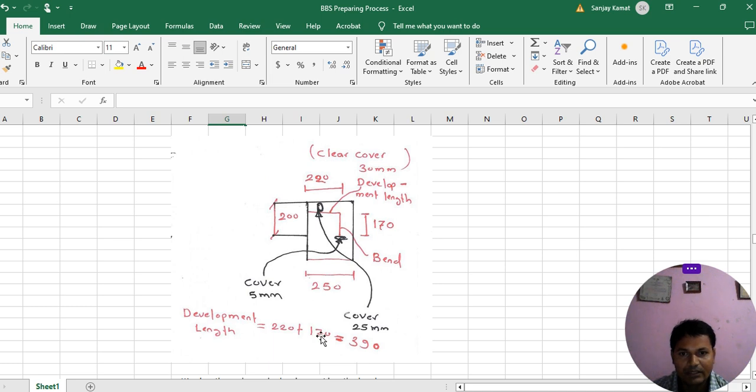After doing the addition, how much will it come? The development length will come 390 mm.